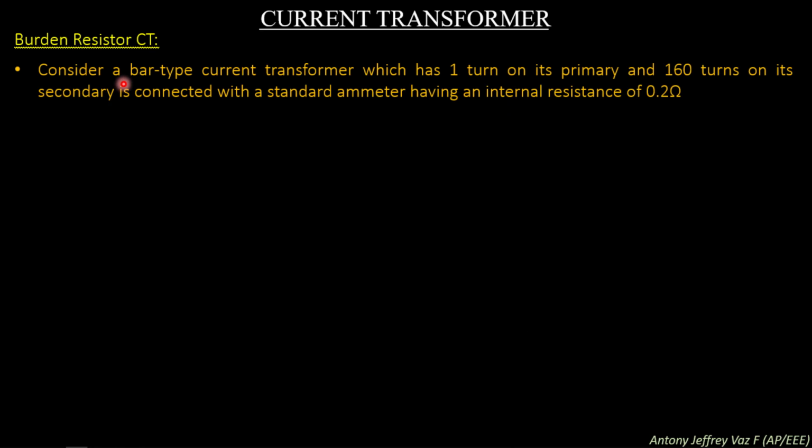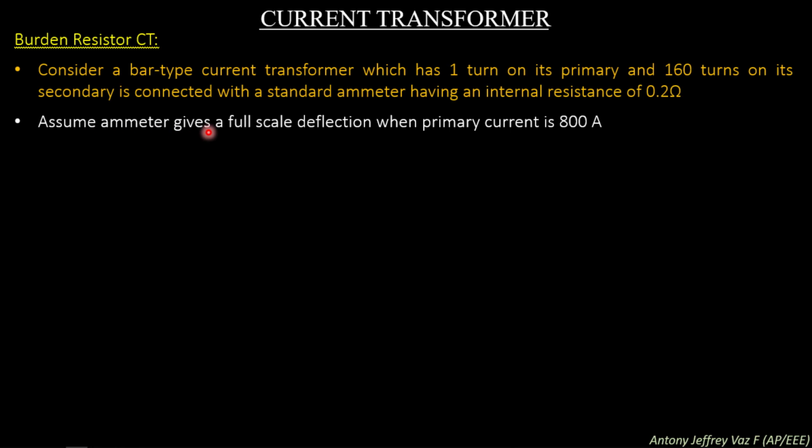Burden resistor. Consider a bar type current transformer which has 1 turn on its primary and 160 turns on its secondary, connected with a standard ammeter having an internal resistance of 0.2 ohm. Assume the ammeter gives a full scale deflection when the primary current is 800 amperes. From the derivation, secondary current Is equals Ip into Np divided by Ns.